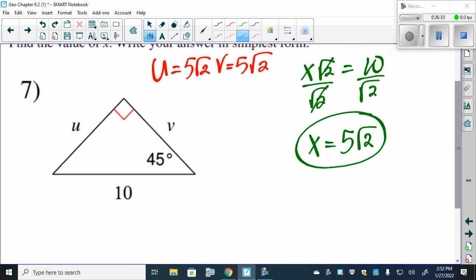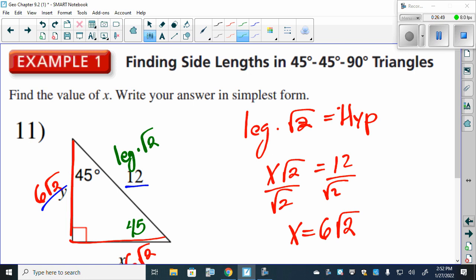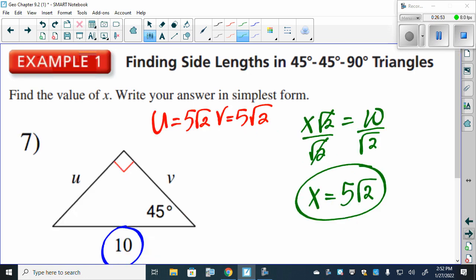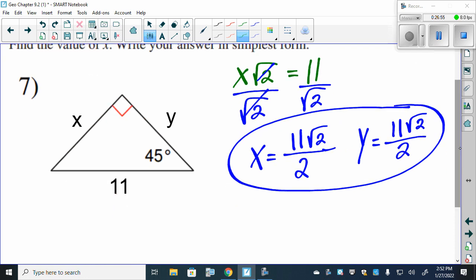Well, why did this one simplify down? Because the hypotenuse here is even, because 10 is divisible by 2, yes? And the one before was 12. 12 is divisible by 2. So if we look at the one we just did, the hypotenuse is 11. It's an odd number, so it can't divide by 2. So the denominator of 2 has to stay.